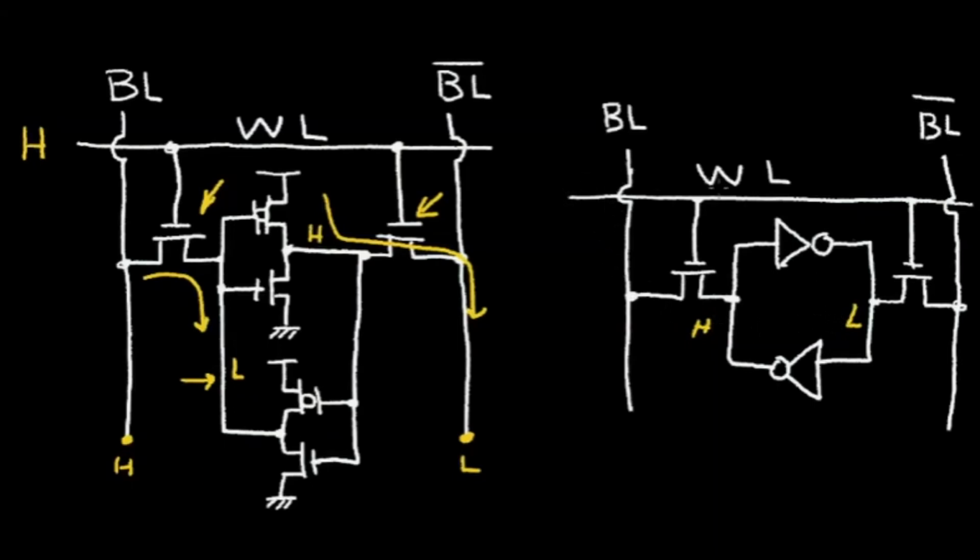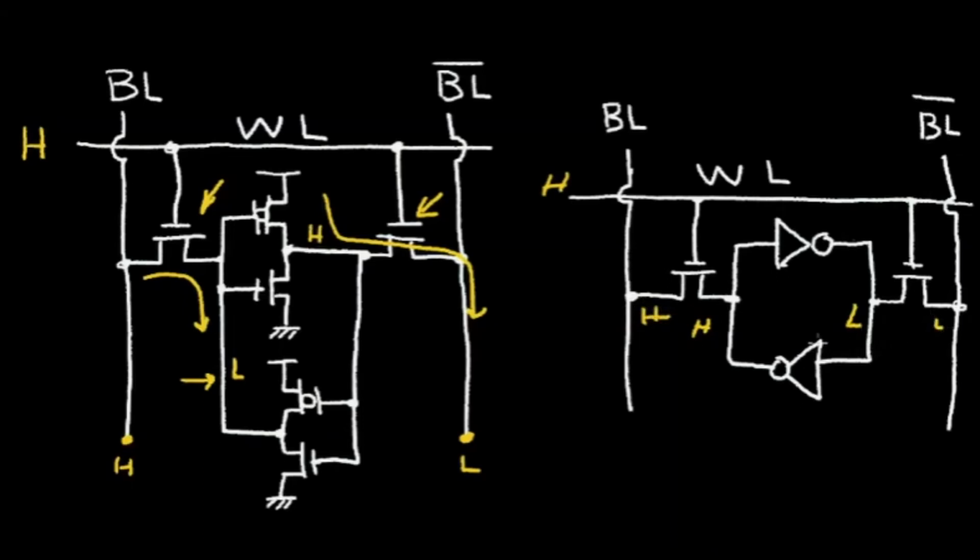So to read my data, I'm going to have to set the word line at a high level. But one important thing is that when I do that, I want to put a high voltage out on this bit line and a low voltage out on this bit line.